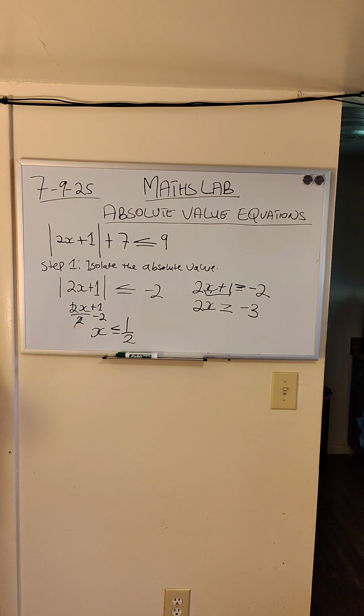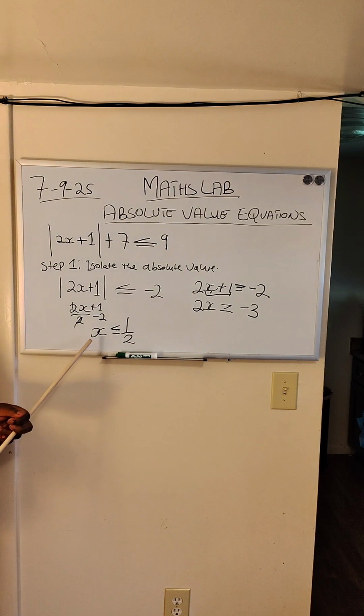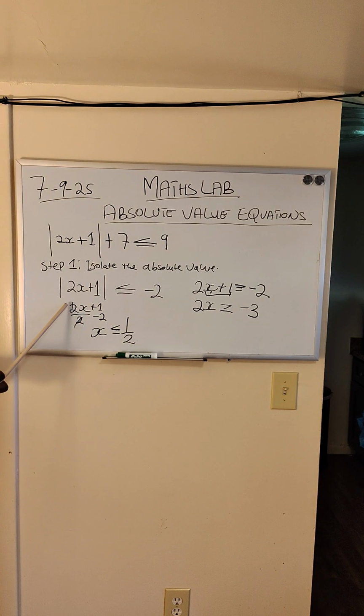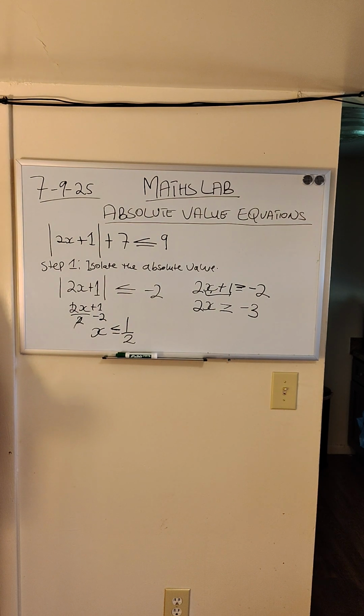But now we still have to find, likewise on this side, x. We already found that x is equal to 1 over 2. Remember, this is a two-part equation, so it's giving us two different answers.